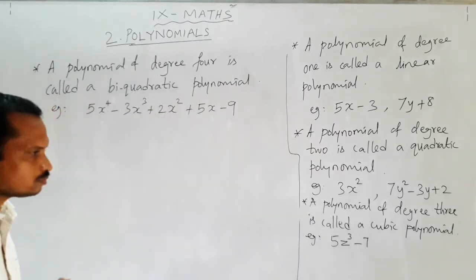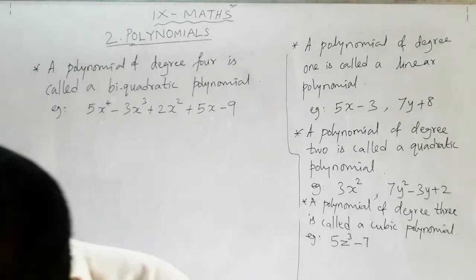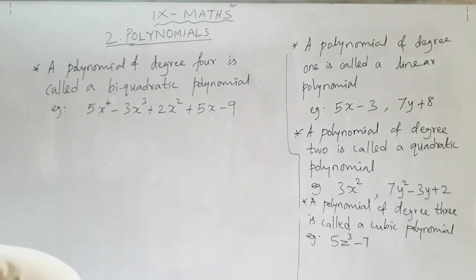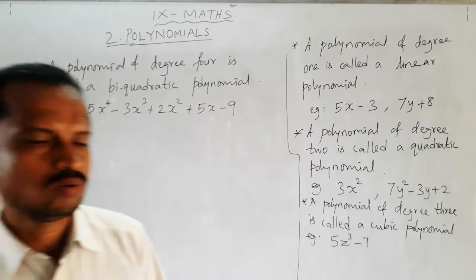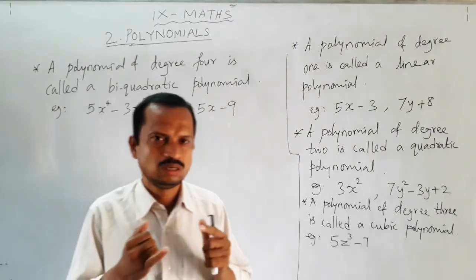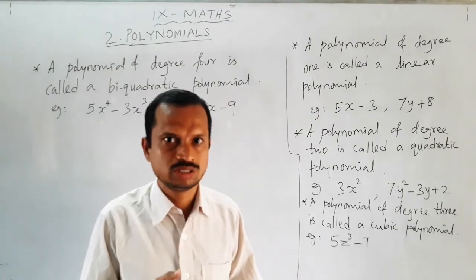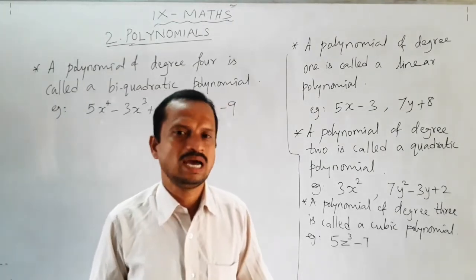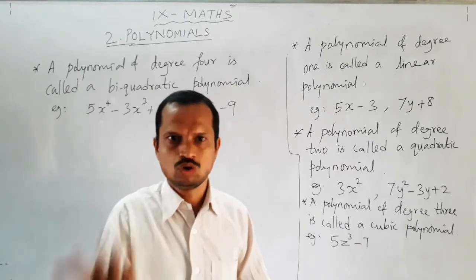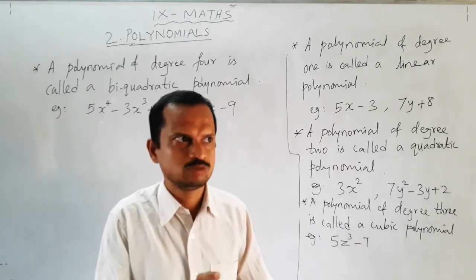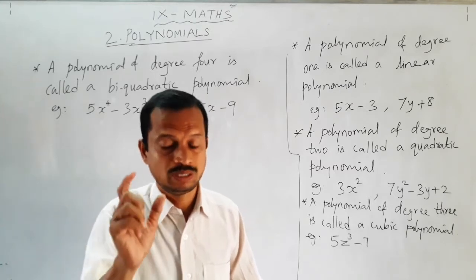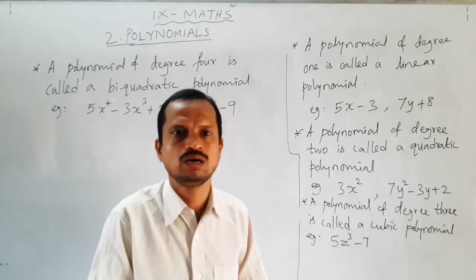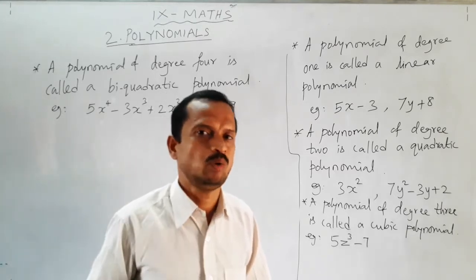Now let us see exercise 2.1. It's a very simple exercise. We have discussed variable, constant, expression, algebraic expression, and then terms and coefficients. That is very important: how many terms are present and what is the numerical coefficient of every term in a given polynomial.